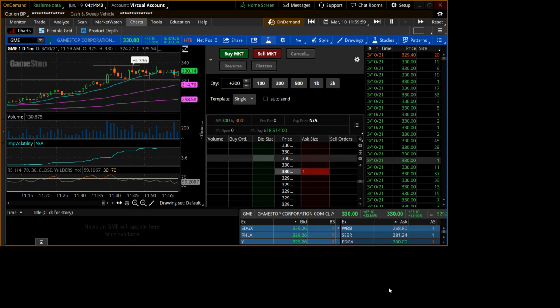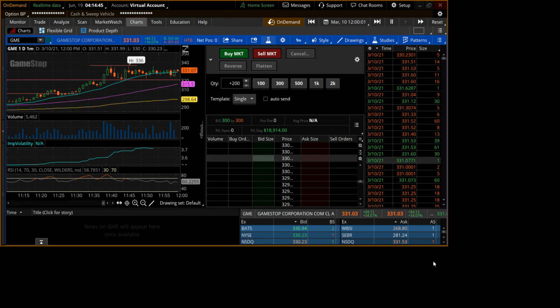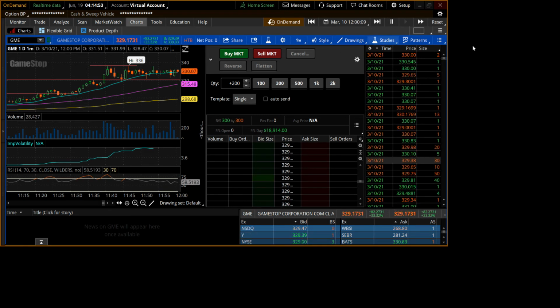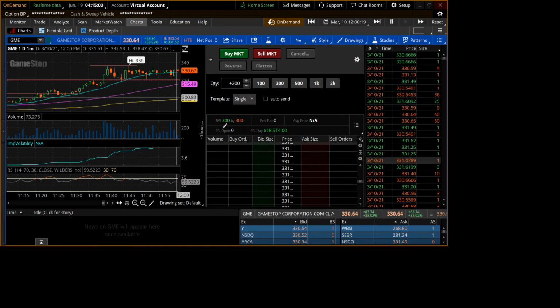Put it in yellow. Right. So VWAP's down here. Okay. That should be VWAP. Let me just double check it to make sure. Go back to the studies. Yeah, VWAP, yellow. Okay, just want to make sure. The 50-day, if we're going to break down, it's going to hit the 50-day moving average.